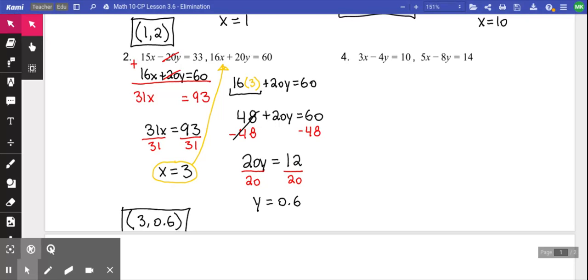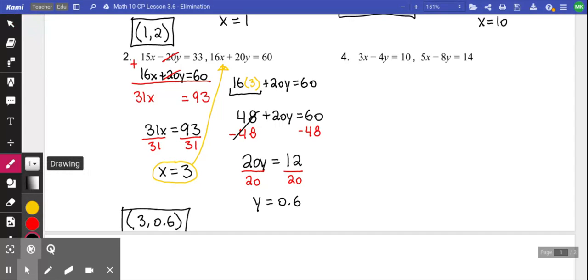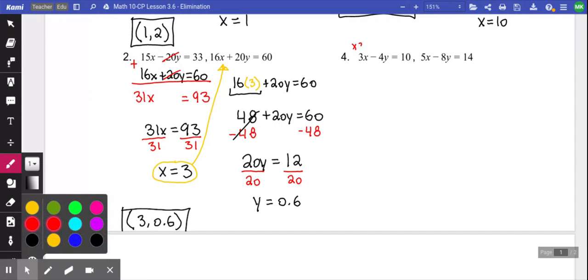So I'm going to go ahead and multiply all this by 2, giving me 6x minus 8y equals 20. Now I'm set up properly. Same order, same coefficients.